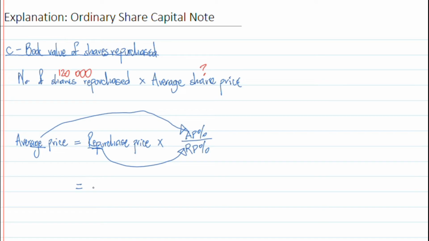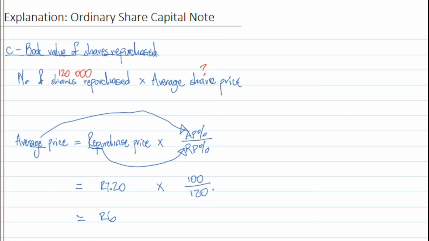That gives us average price is equal to 7.20 rand multiplied by 100 divided by 120. When we calculate that, we get an average price figure of 6 rand.